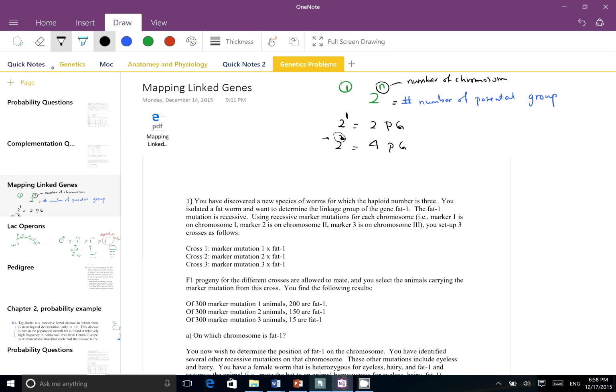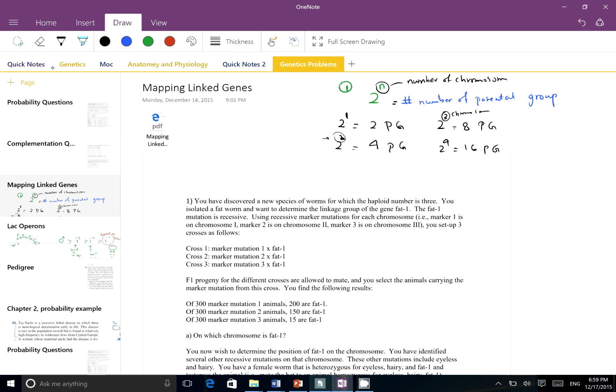When I have 2 to the power 3, which means 3 chromosomes, I'll have 8 parental groups. 2 to the power 4, which is 4 chromosomes, I'll have 16 parental groups. So you get the point.